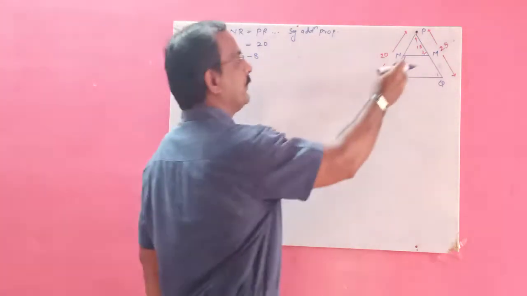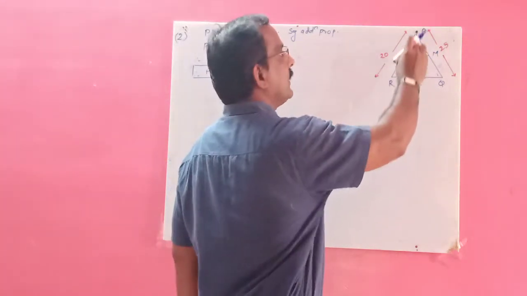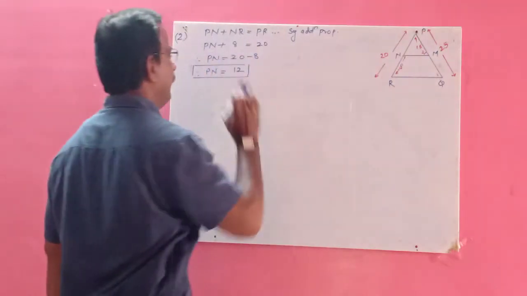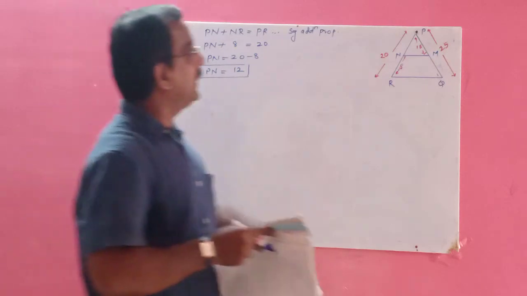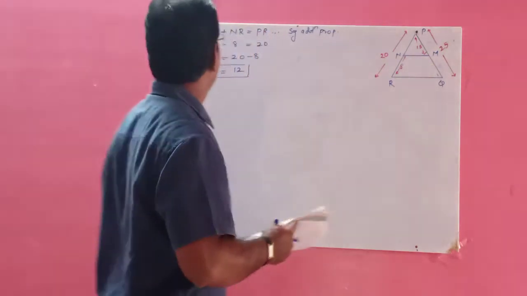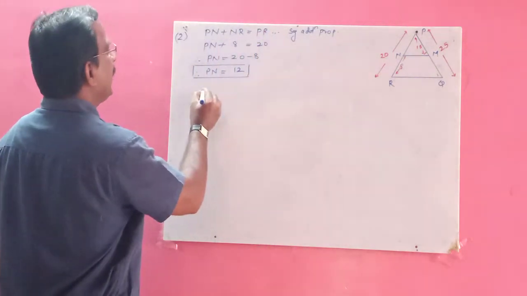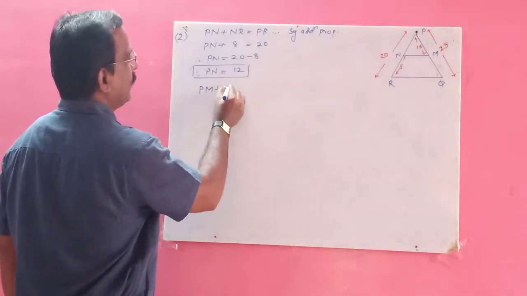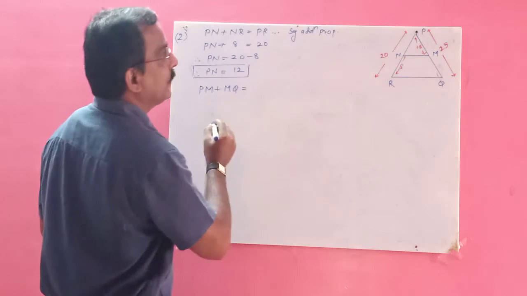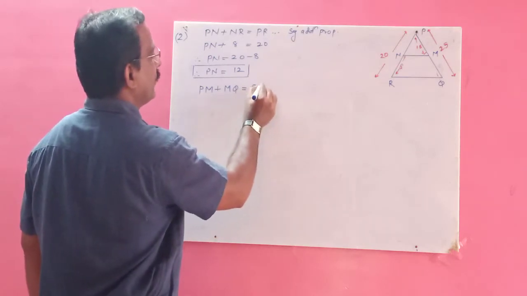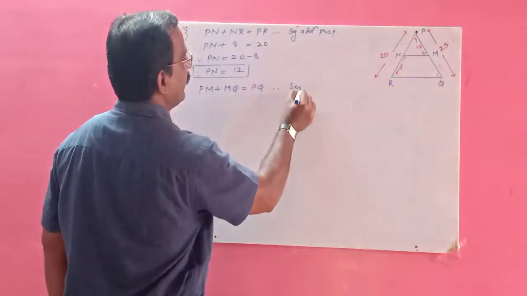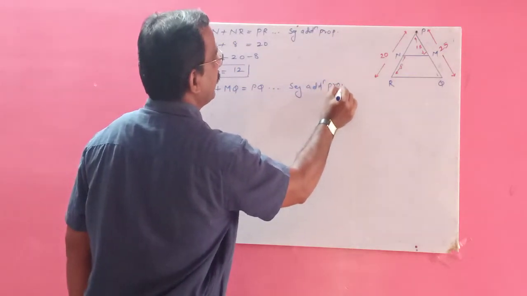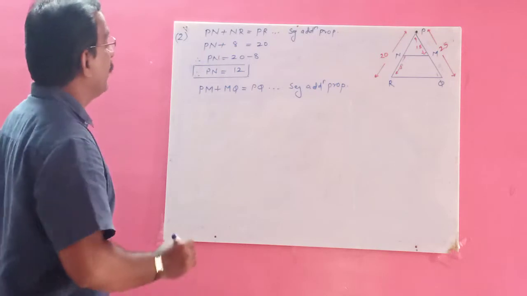If you want to prove these two parallel, then calculate this ratio. Here it is not given, that we calculated. Similarly, we want this segment. How will you write here? PM plus MQ is equal to PQ. Same reason, segment addition property. This time PQ is given.